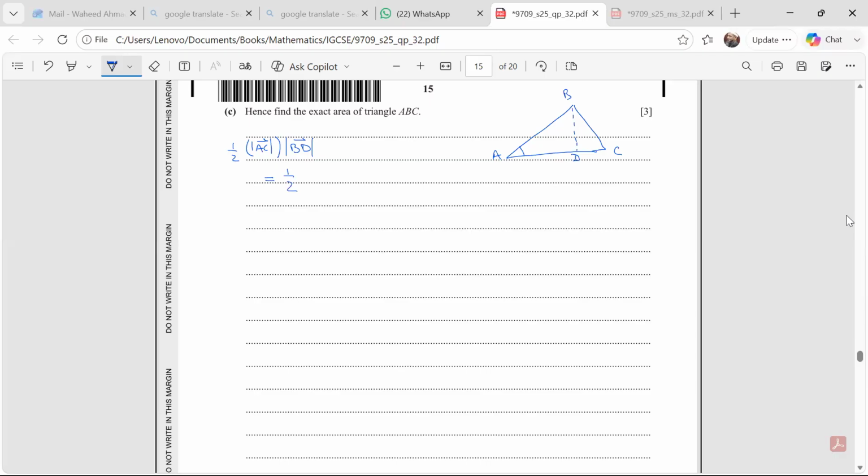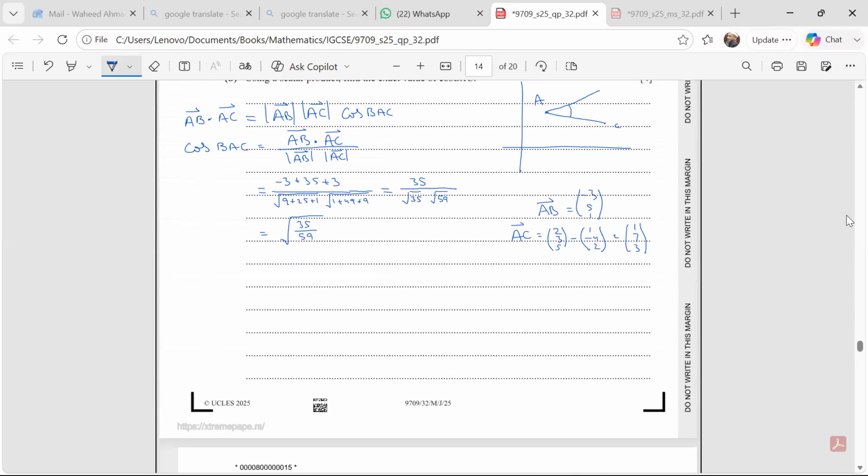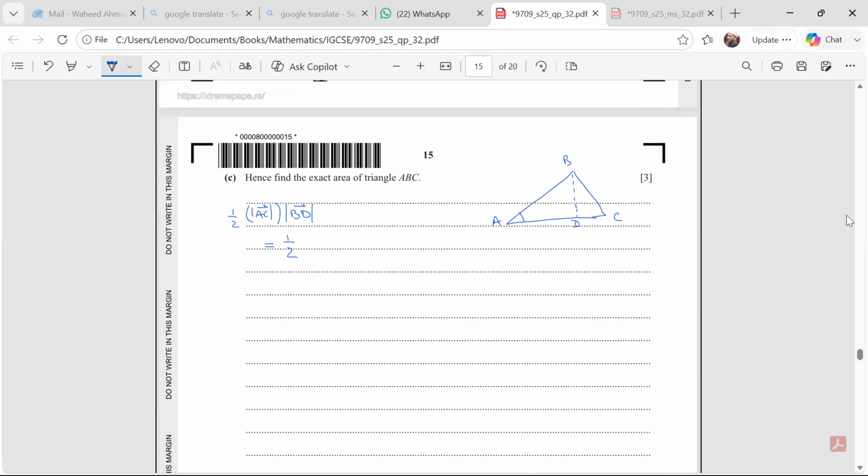So how will we find this? It's 1/2 times AC. We know the value of AC: the magnitude of AC was root 59. Now BD.